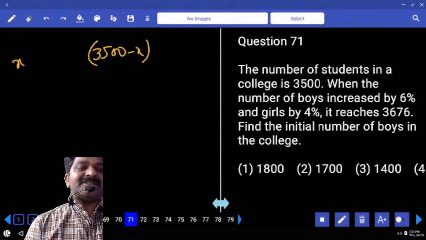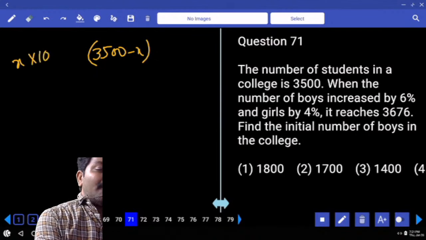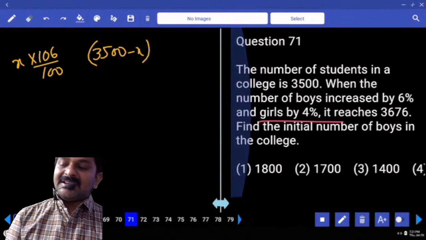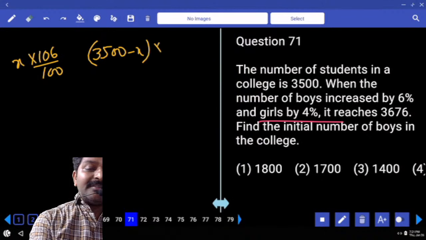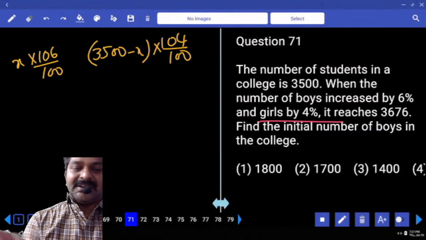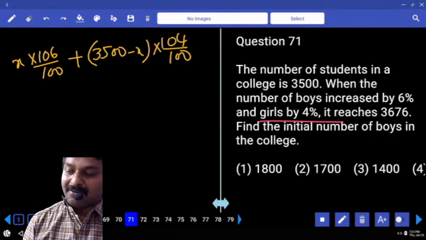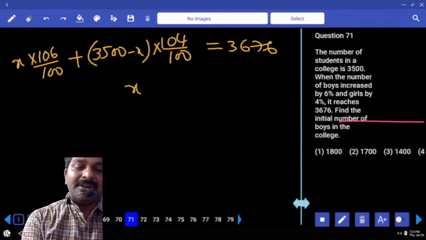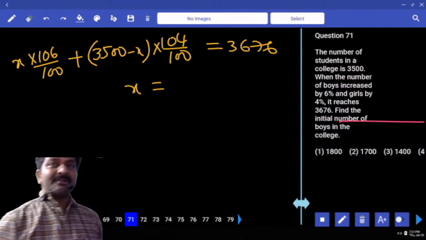Boys increased by 6%, then they become 106%. Girls increased by 4%, then they become 104%. So these are the increased boys and girls, and the sum must be equal to 3676. If you solve it, you will get the x value. But this is a waste of your time.